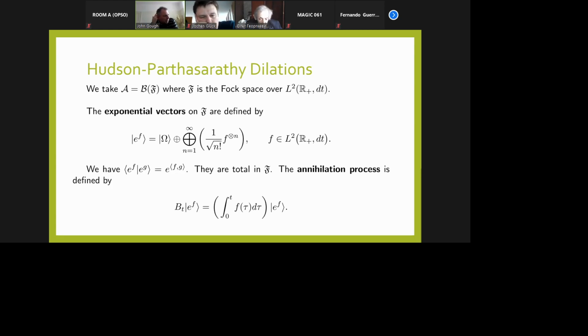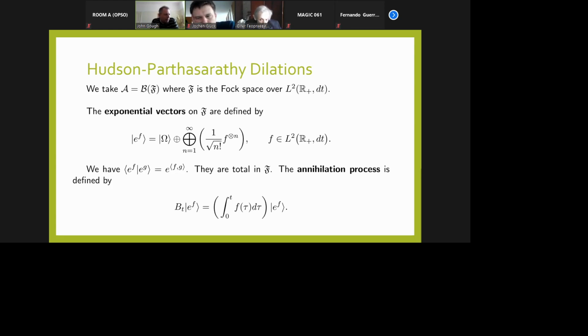We have the exponential vectors. So these are the vectors on the Fock space defined as follows. For a particular test vector f, a one particle vector, we have this general sum where at each level of the Fock space, the nth level, we have just the test vector f tensored with itself n times with a weighting of 1 over root n factorial.